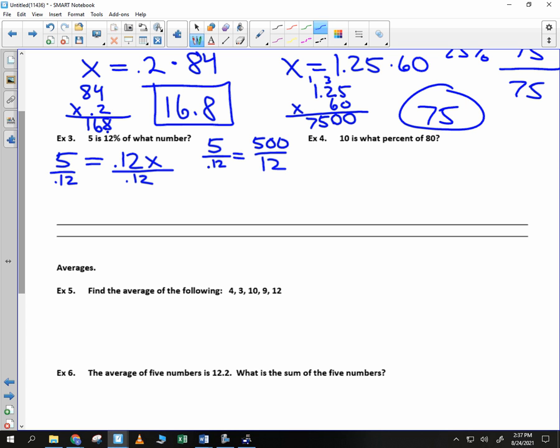Are you able to do 500 divided by 12? I think you can, right? 12 goes into 500. I believe in you. How many times does 12 go into 50?